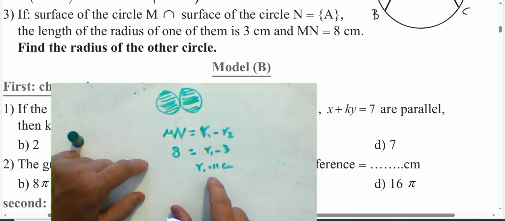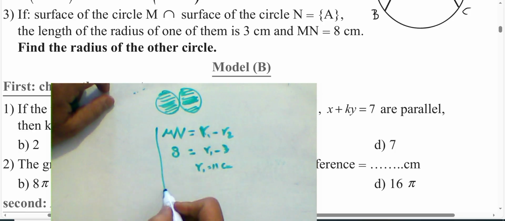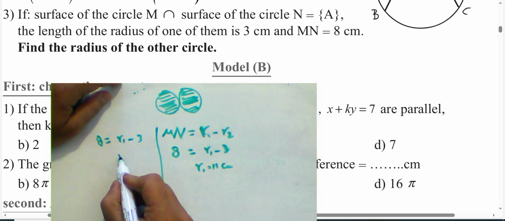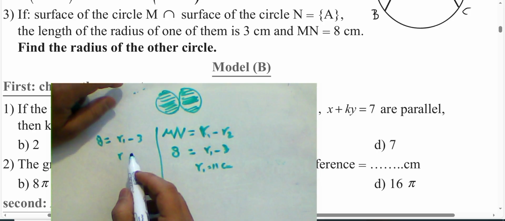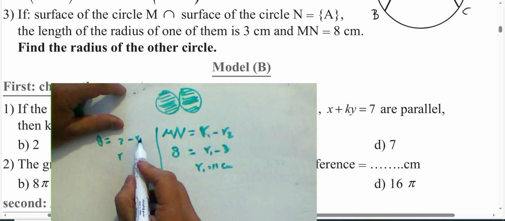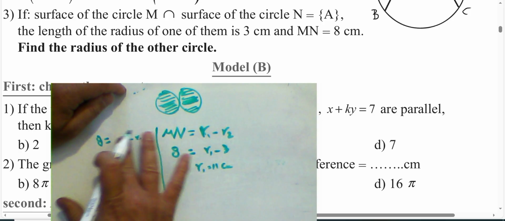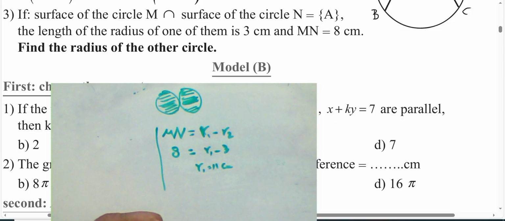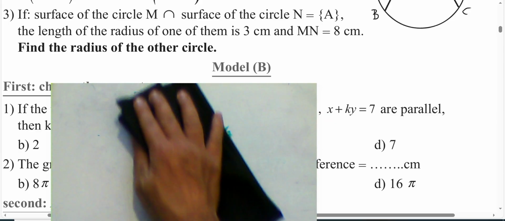We can write MN equal 8 equals R1 plus 3. If you write 3 subtract R1, no, because this number must be positive, not negative. The solution here will be 5, because 5 plus 3 equals 8. The only one solution. Next question.